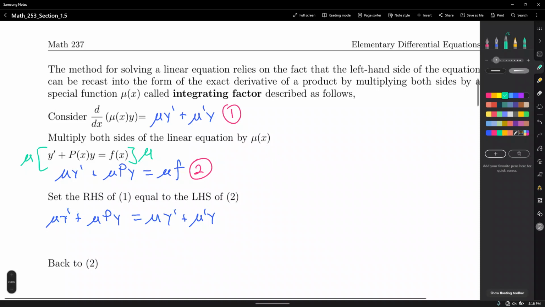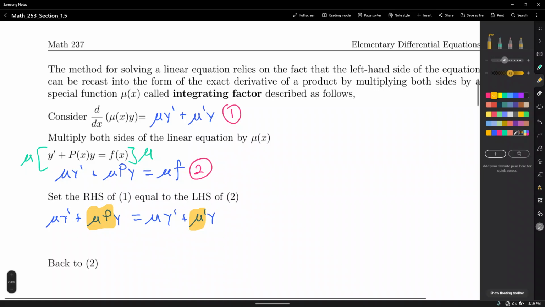Instead, in order for this to keep being an equation, the coefficient of y right here, I think I had this backwards, has to be mu prime equals mu p, all right? Because the coefficient of y equals the coefficient of y. I'm going to set that on the side.